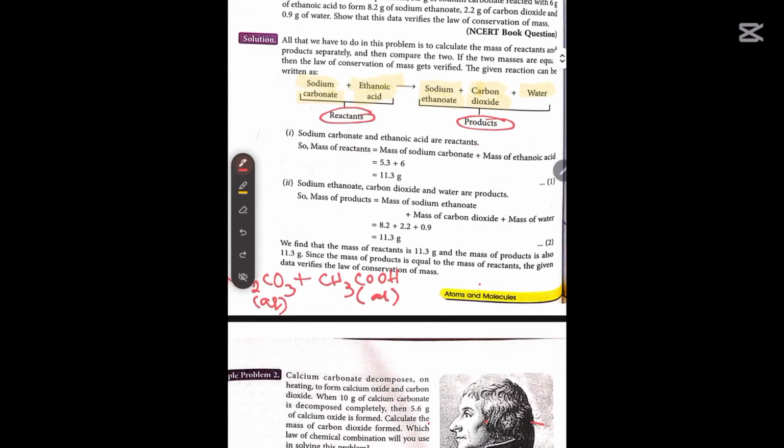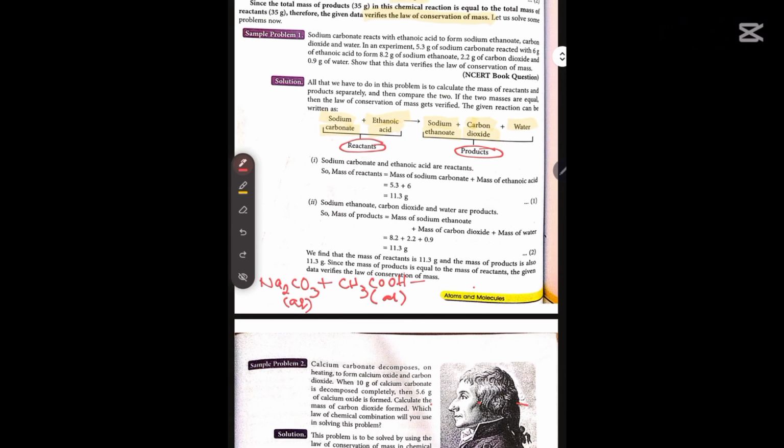It forms sodium ethanoate, with Na in place of the H of CH3COOH. This is also aqueous and not a precipitate. Carbon dioxide, CO2 gas, and water, which is liquid. So this is the reaction. You don't need to remember the formula, but you need to gain the habit of seeing them.